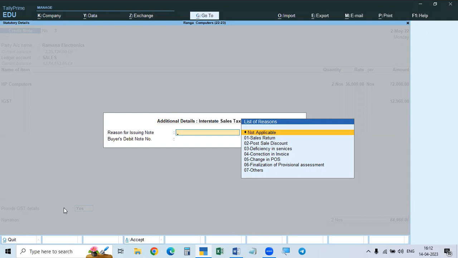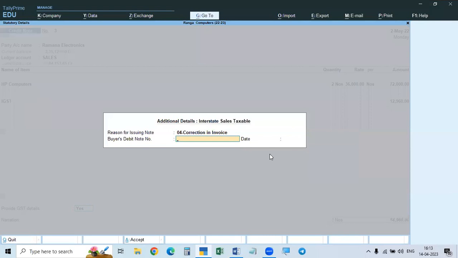When he brought the excess billing to our notice, we will issue the credit note and he will issue the debit note. If he already sends the debit note, we will enter the debit note here.